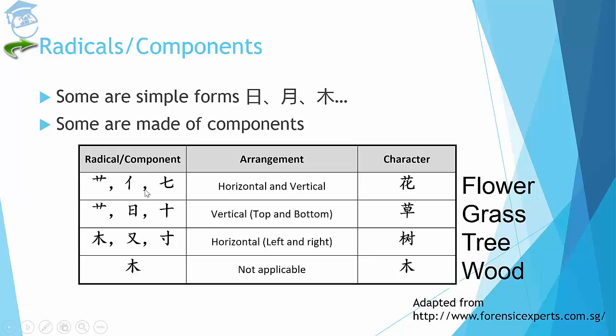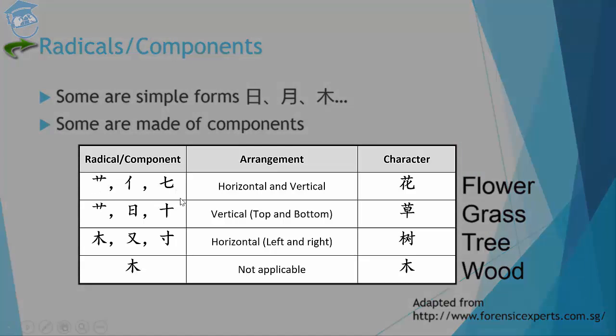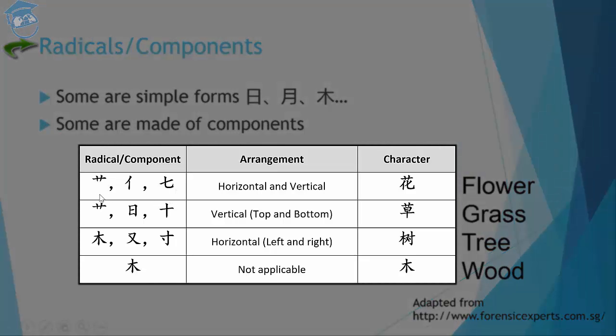They have several components, as you can see here, and the arrangement can be horizontal and vertical. So you can see in a vertical fashion, it has the top and bottom here, and then within the bottom part, it has the left and right, which is the horizontal fashion.